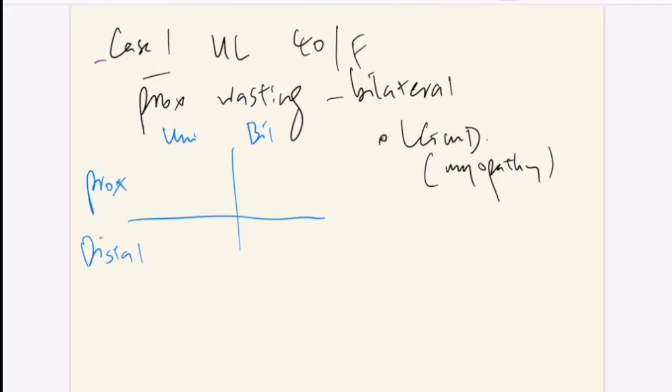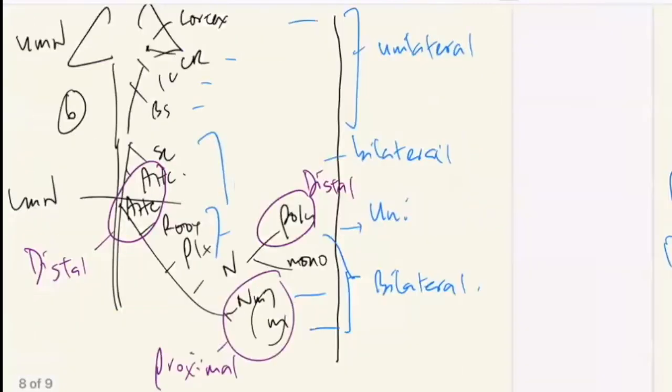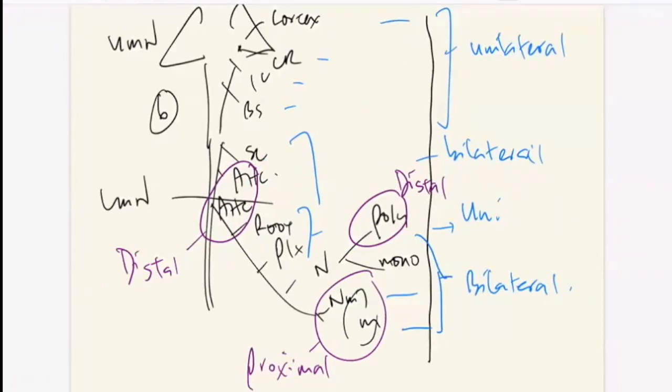So in this case, we know that we are talking about this category, bilateral proximal weakness with wasting. So what are the likely pathologies in this? First thing is we need to determine, is it upper motor neuron or lower motor neuron? So now you try and think back. Is there any upper motor neuron lesion which is bilateral and proximal? Now go back to the chart just now. Is there anything of these which is proximal and bilateral?